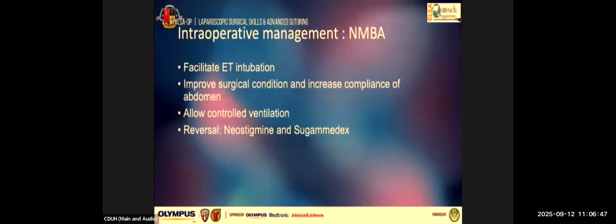As a result, intra-abdominal pressure will not rise excessively, causing disruption of the physiology of the patient, just as in the example early on. The NMBAs can also allow controlled ventilation. Now, reversal of muscle relaxation is by use of neostigmine or Sugammadex, which are the newer neuromuscular reversals.